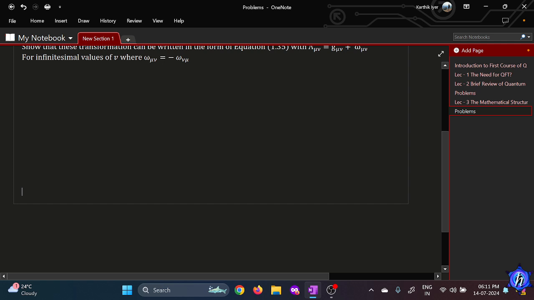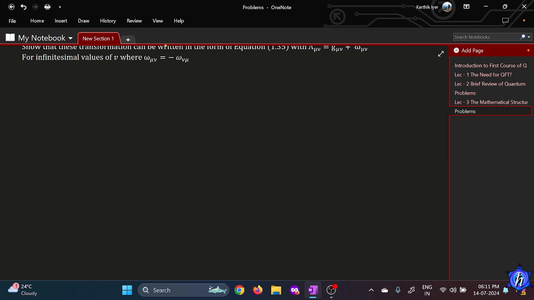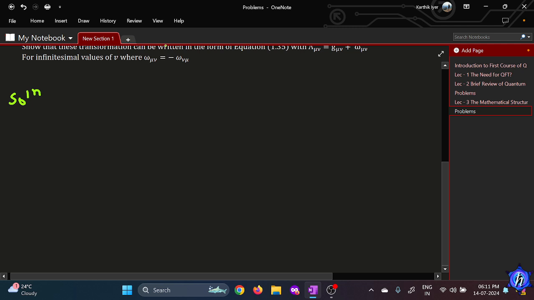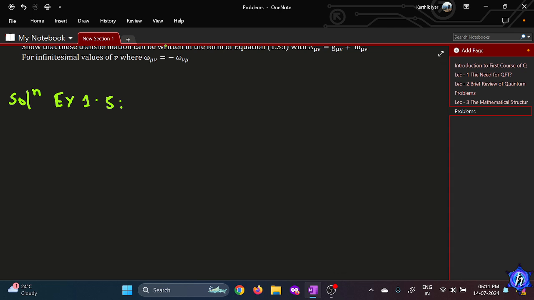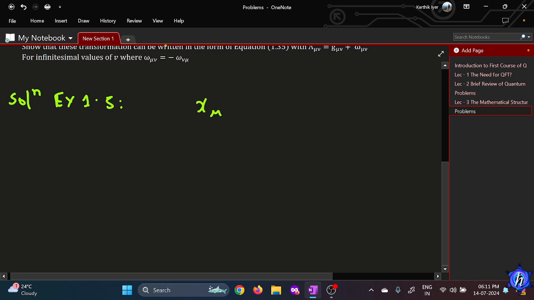Okay, let me solve here maybe. Solution to exercise 1.5. Let's do it. It said that using the definition 1.32. Just to remind you what 1.32 is, x mu is equal to ct.